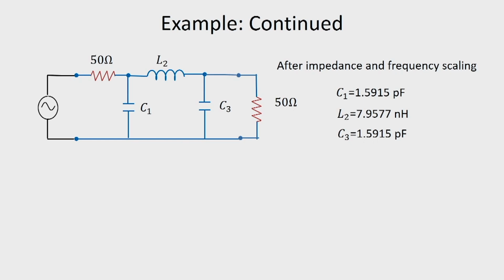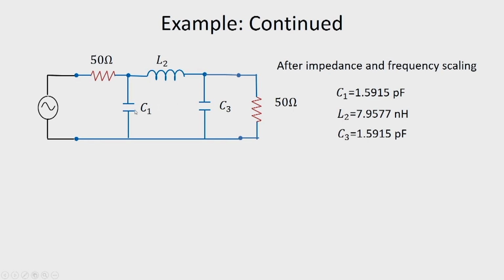And therefore, we can draw the circuit of the filter with 50 ohm source resistance and 50 ohm load resistance, and by applying frequency and impedance scaling, we can find C 1 to be equal to 1.5915 pF.